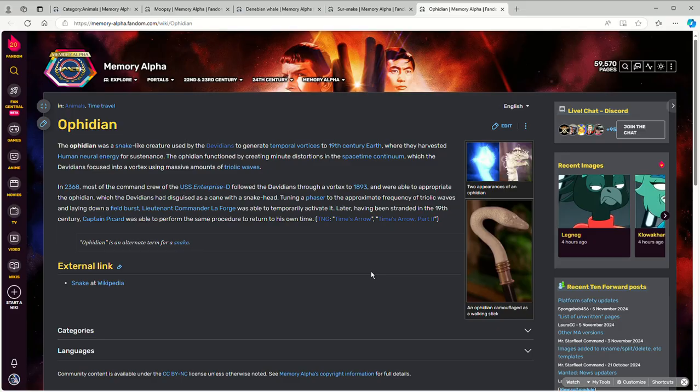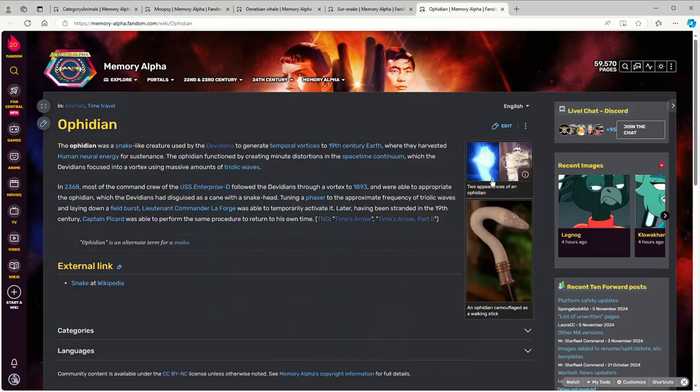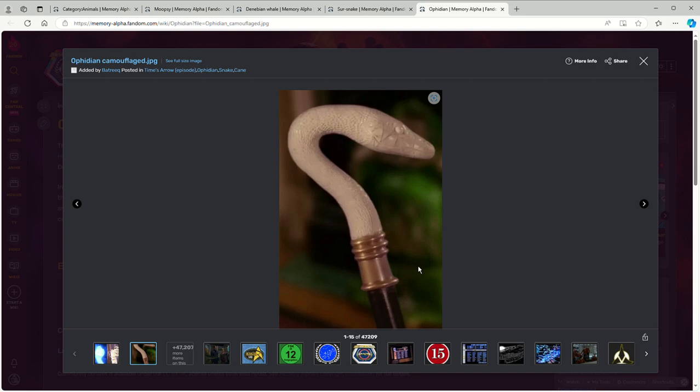And much like the Devidians, it has the ability to camouflage itself when outside a Devidian environment. Its true appearance is some sort of monster snake. And there is actually a full-size shot of it being held in the hand of a Devidian, where you can see the entire body of it moving around while it's doing its thing. But when it's disguised, it just looks like a cane.